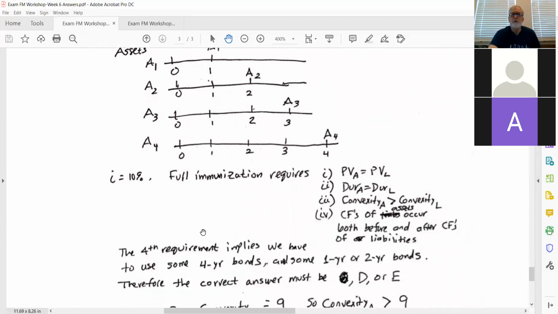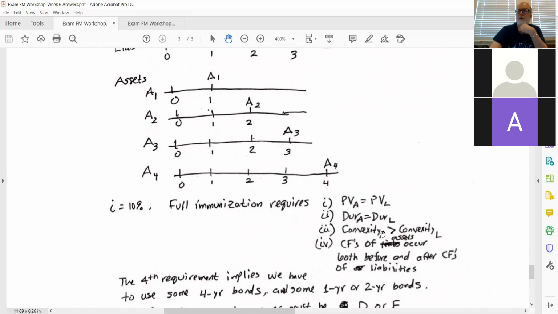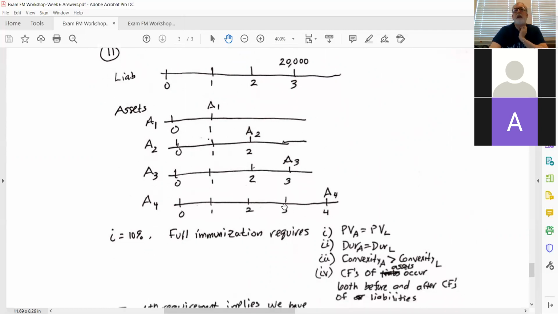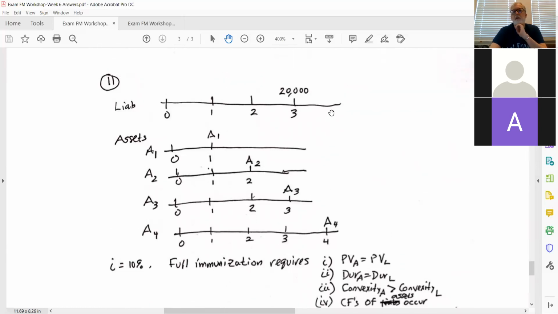So let's start with the 4th requirement. We need to have asset cash flows both before and after the liability. Well, that means we have to use A4 because it's the only one that produces a cash flow after this liability cash flow.